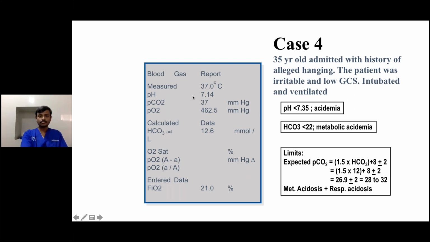But look, the PCO2 is 37. So the actual PCO2 is more than the expected PCO2 calculated by Winter's formula. So there is additional carbon dioxide retention. That is called respiratory acidosis. So there is no adequate compensation, and also a mixed acid-base disorder is starting here. PCO2 is higher than expected.